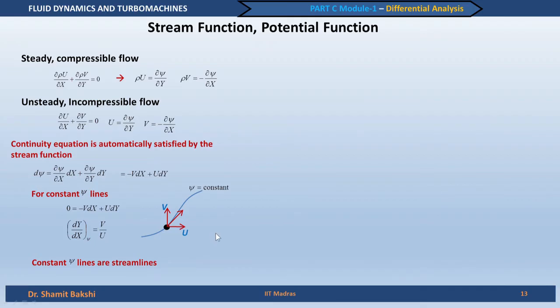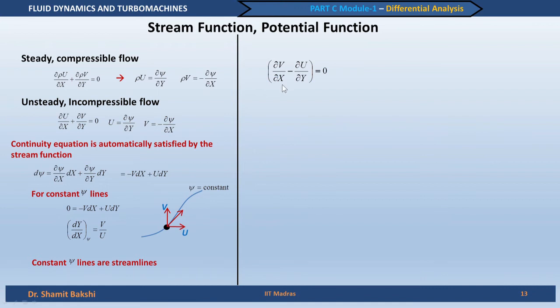Now, there is another function which has been written at the top of the slide, which is known as the potential function. Let us see what that function is. In the last slide itself we saw that the irrotationality condition is del v by del x minus del u by del y equal to 0. This is basically omega z equal to 0.